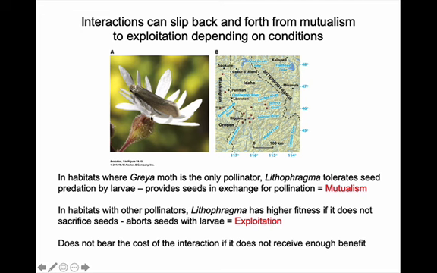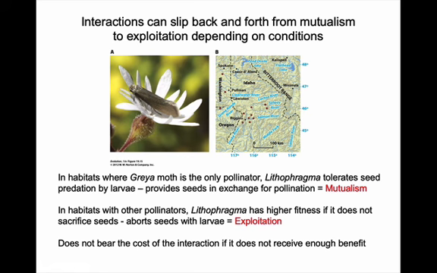They basically kill the larvae of these moths, although the moths are still pollinating them. Even if the moth falls in density, they still have other pollinators to rely on, so they aren't hurt by that. So the plant does not bear the cost of the interaction if there's no reward, or if there's not enough reward.